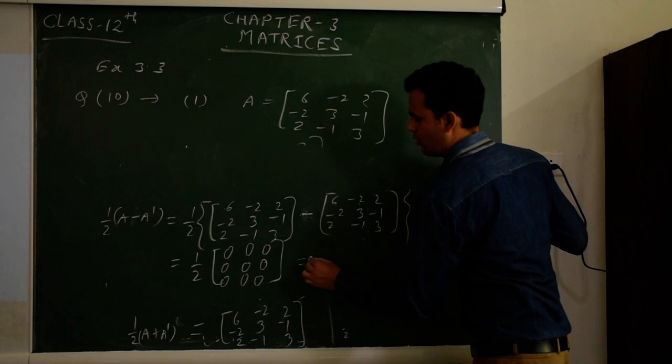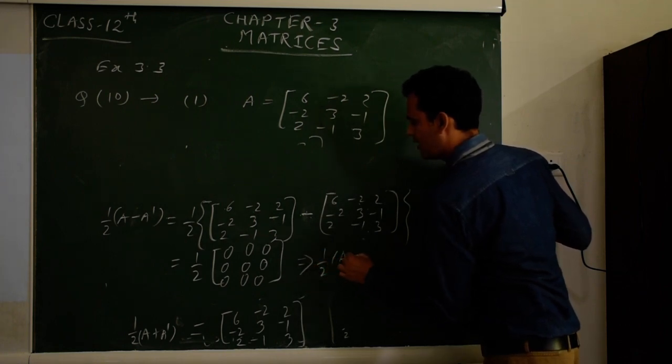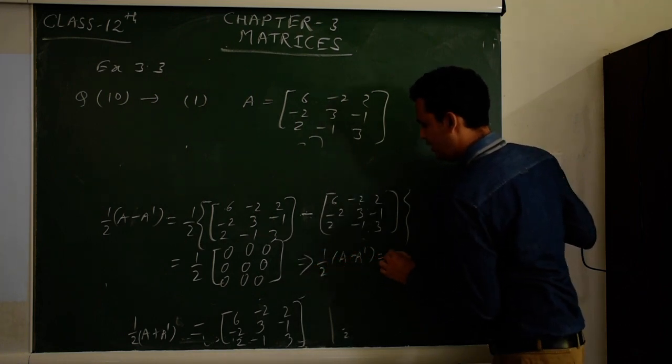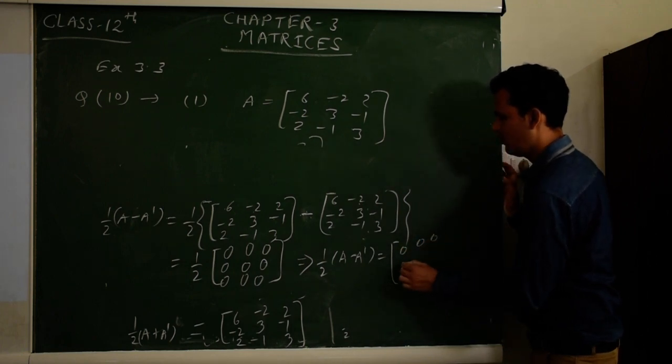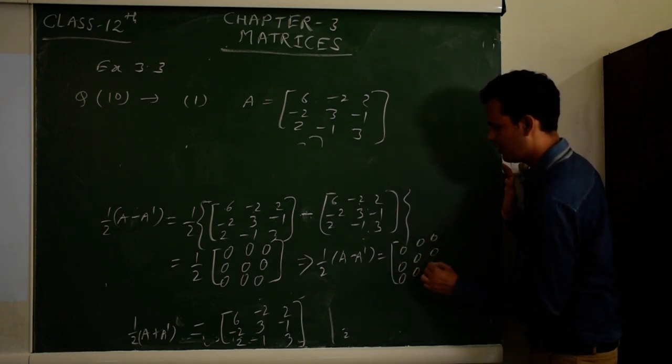So 1 by 2 A minus A dash is the zero matrix.